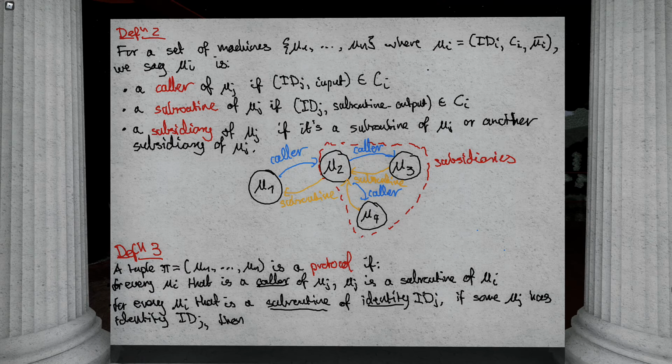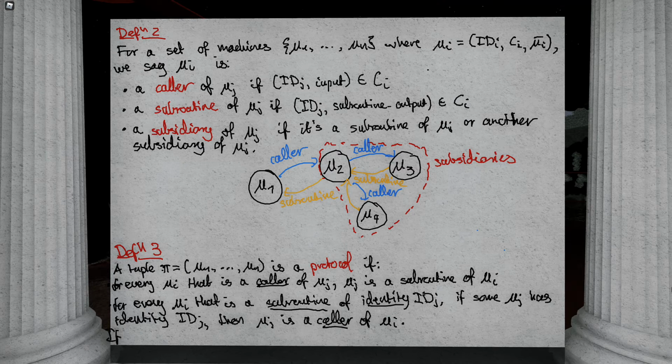If A is a caller of B, then B is a subroutine of A. But if your machine is a subroutine of some identity, it may not be in the protocol. So the second condition is saying we can't have an identity that is in the protocol yet doesn't have this closure. But we can have an identity that's not in the protocol, that's fine.